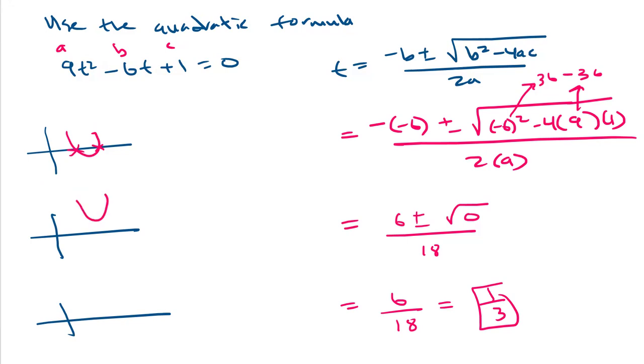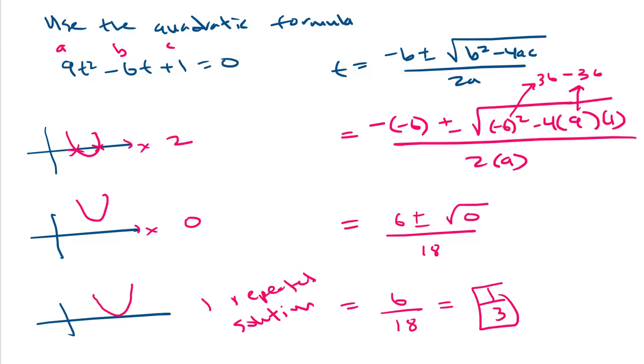You can have no solution because it doesn't. So this is 2. This is 0 solutions because it never crosses the x-axis. Remember, this is the x-axis here. Or it hits it at one point, and this is called one repeated solution. Okay, so it's basically saying that solution is repeated twice.